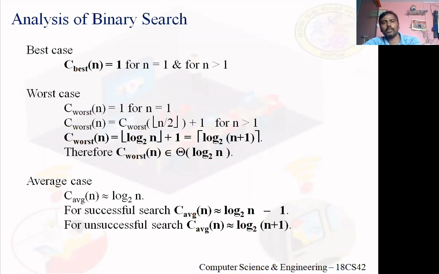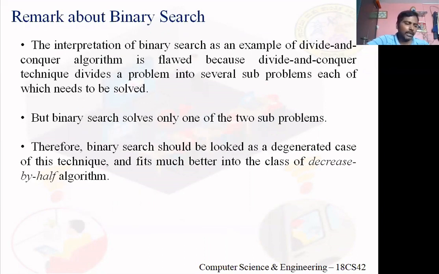Now a remark about binary search: it follows the divide and conquer strategy. But when I compare the key with mid and a mismatch occurs, I get 2 subarrays, left or right, depending on whether the key is greater than or less than the mid.